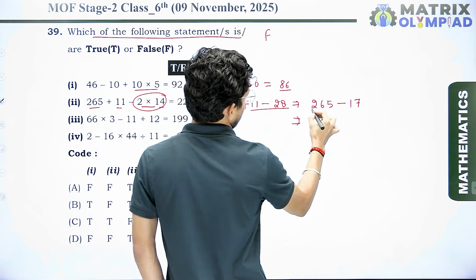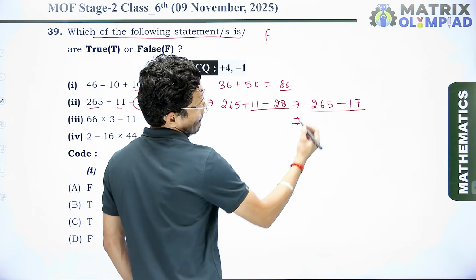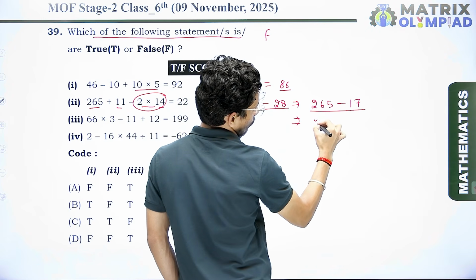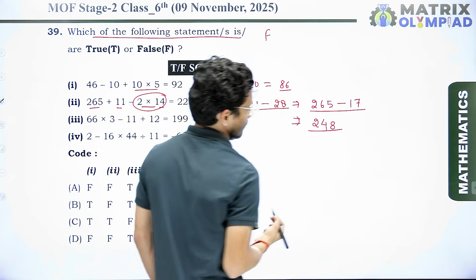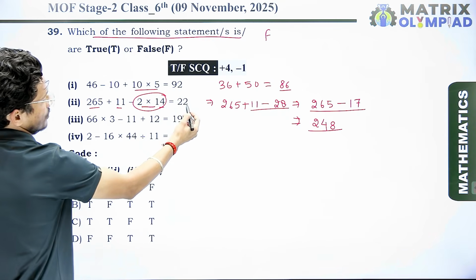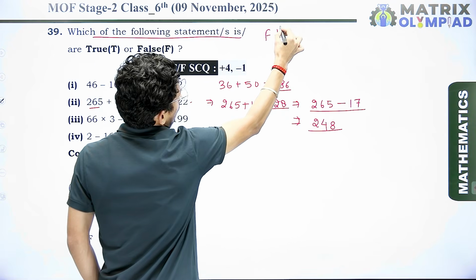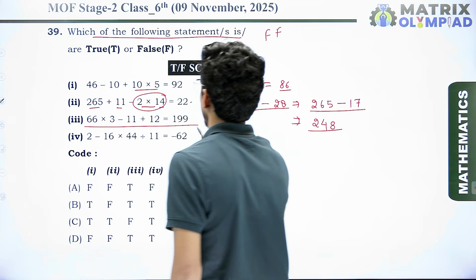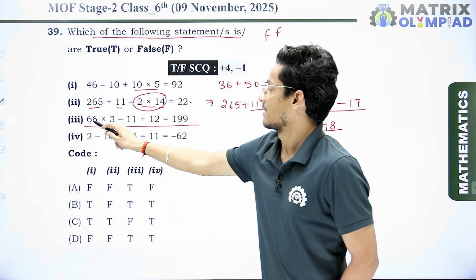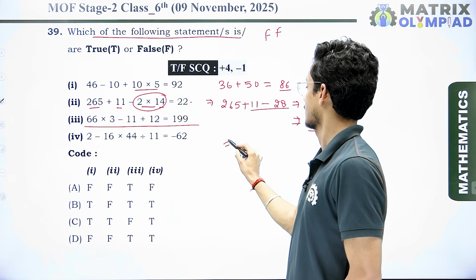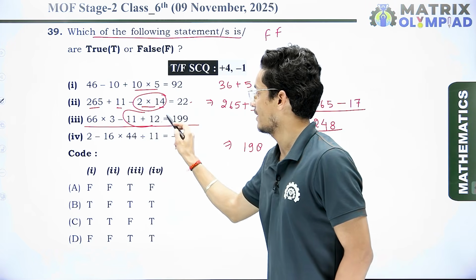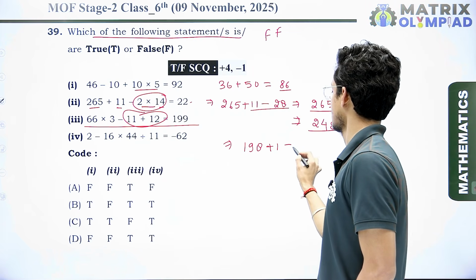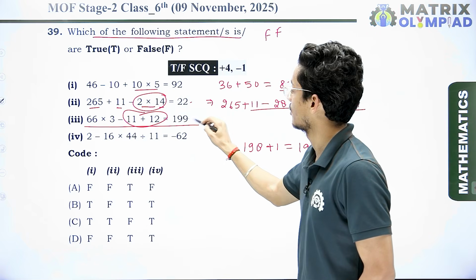When we simplify it, we get 248, which is not possible. So again we can say this one is also false. If I talk about the third, which is 66 multiplied by 3, here we get 198. When we simplify it, here we get plus 1, that is 199. It means this one is true.